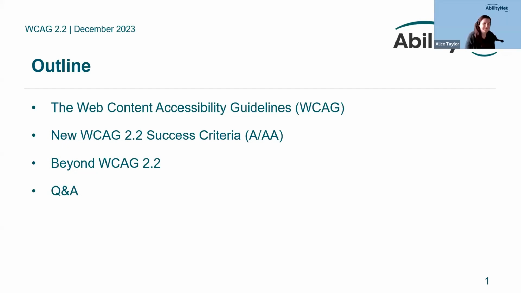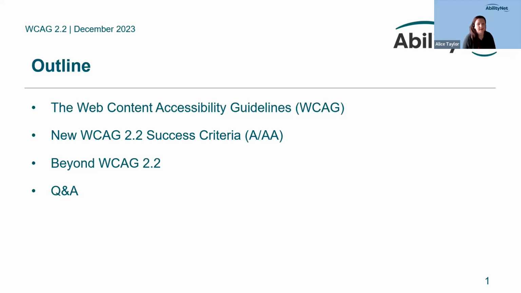Thanks very much, Claire. So you should now be able to see my outline. Do let me know if you can't see it. Today what we're going to be talking about is firstly the Web Content Accessibility Guidelines, otherwise known as WCAG. We're going to be looking in depth at the new WCAG 2.2 success criteria, and we'll be talking about specifically the A and the AA requirements.